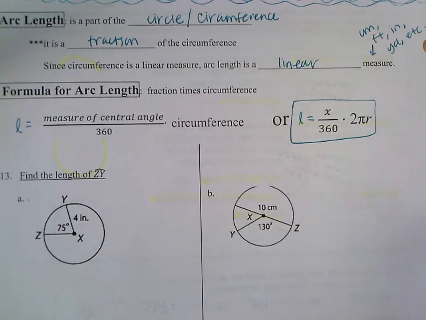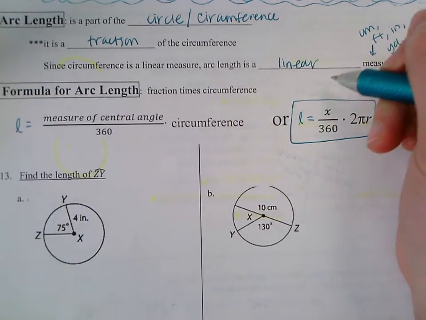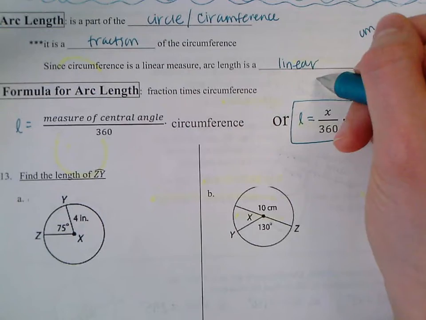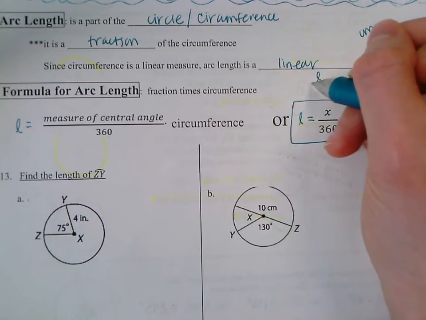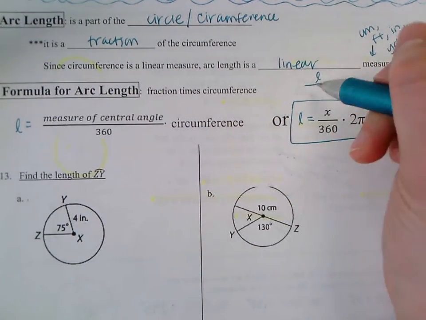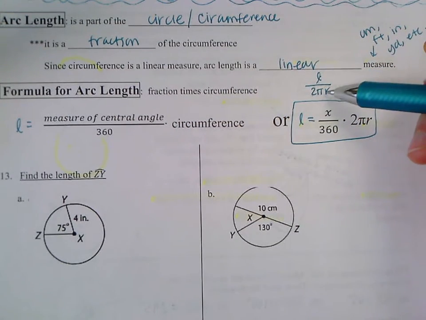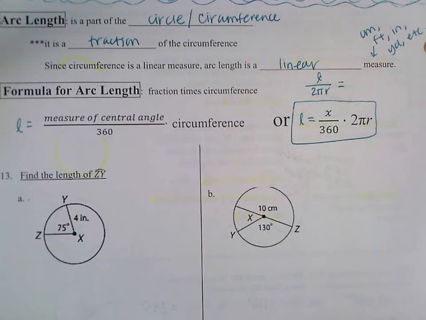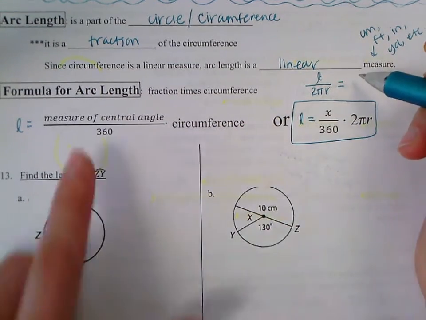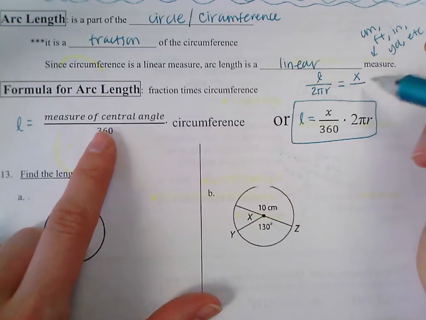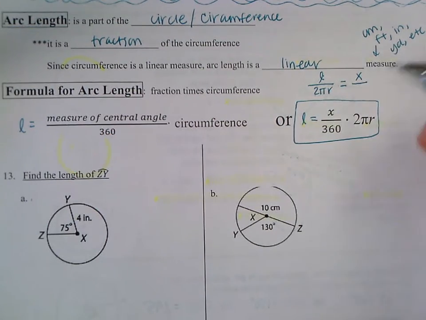Where this comes from is if I take the length of my arc out of the entire circumference, the entire distance around a circle, I can say that's proportional to the central angle measure out of the entire angle measure of a circle, which is 360.